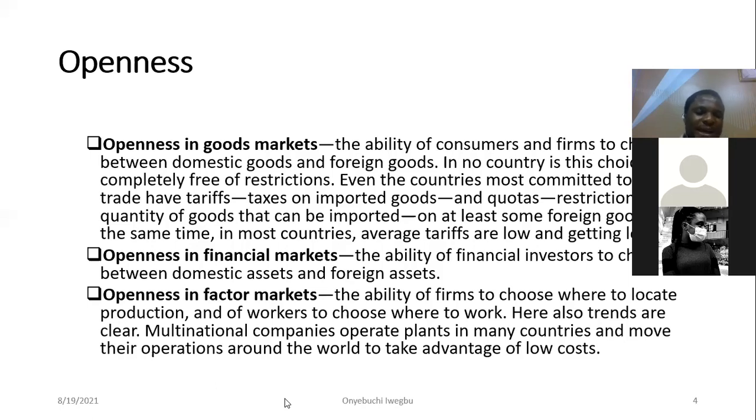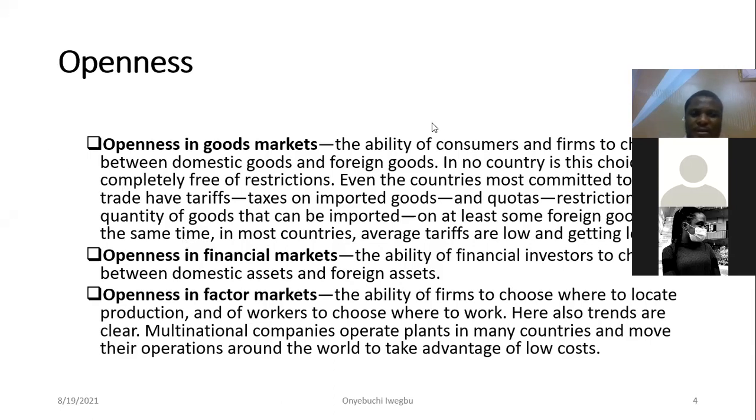Openness in factor market is more or less like labor mobility. Whenever you begin to move labor, like as a Nigerian, I'm in Nigeria here, I can get a job in Ghana and move to Ghana and be working in Ghana. And later I come back. The higher the pace of that, the more integrated those particular economies will be.